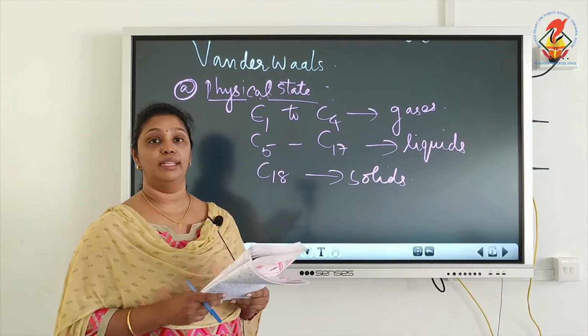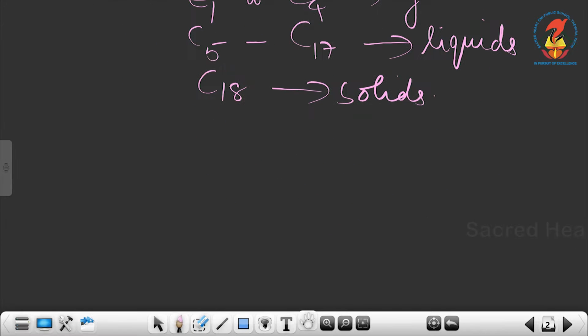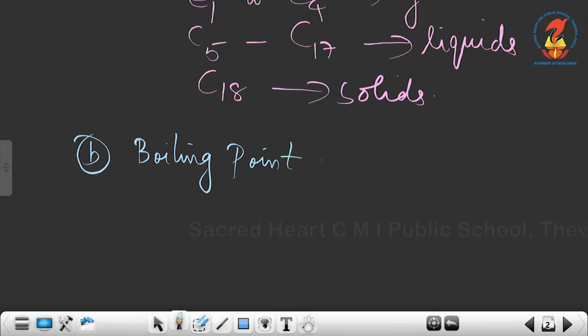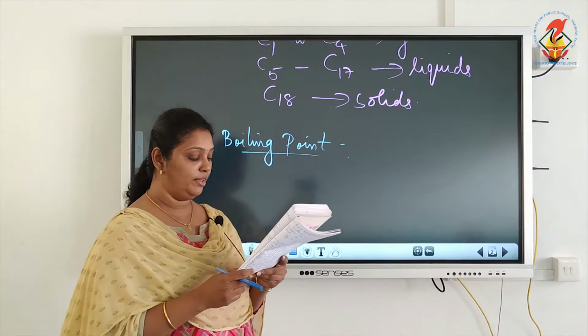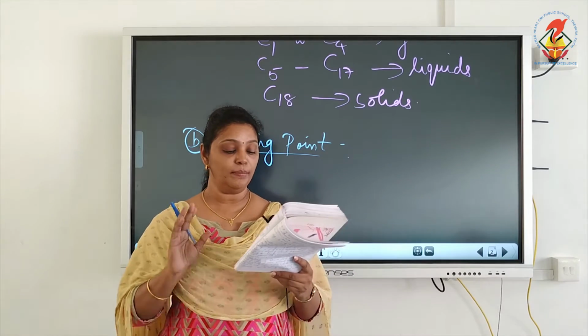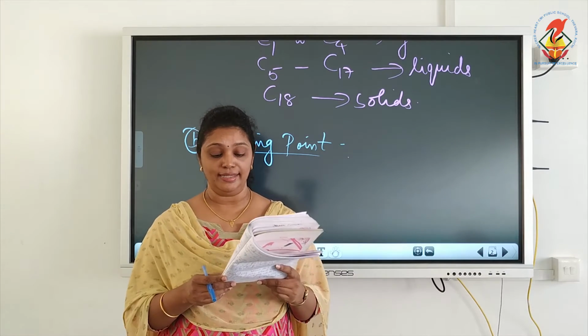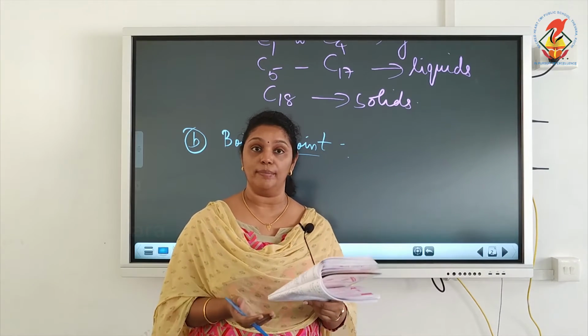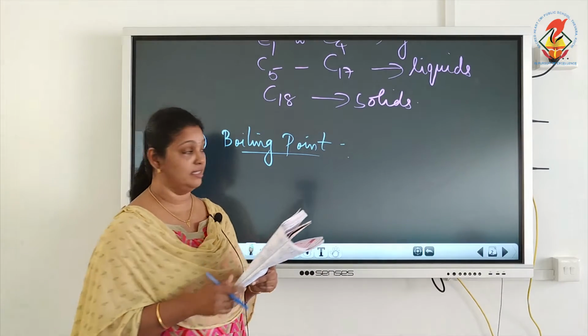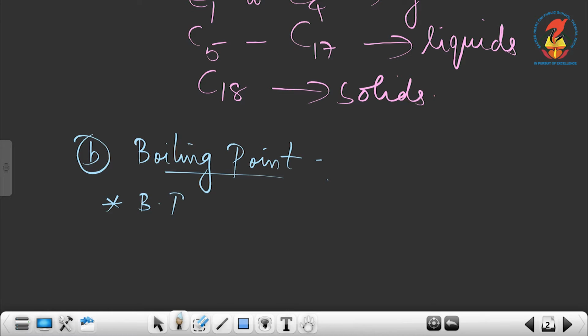Next, let's see the second physical property, boiling point. When we discuss the boiling point of alkanes, we can say that the boiling point of straight chain alkanes, meaning with no branches, increases with increase in number of carbon atoms or increase in molecular mass.